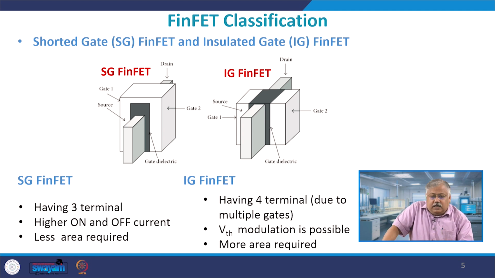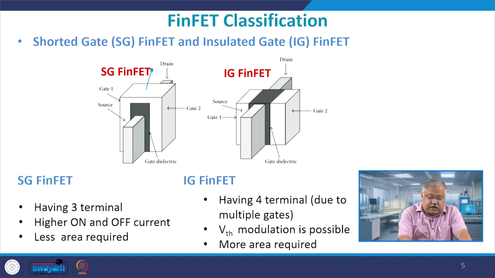So if you look at the left FinFET, which is basically the shorted gate FinFET, we refer to this as an SG FinFET, and on the right hand side we have an insulated gate FinFET, right. The shorted gate FinFET means that any potential you give on the gate is applicable to all the three gates.